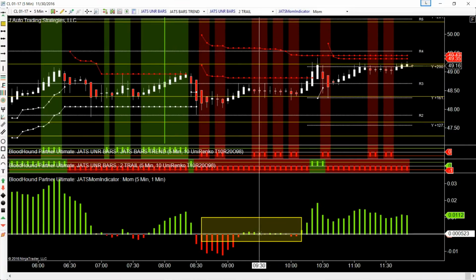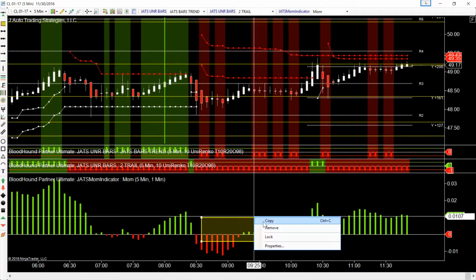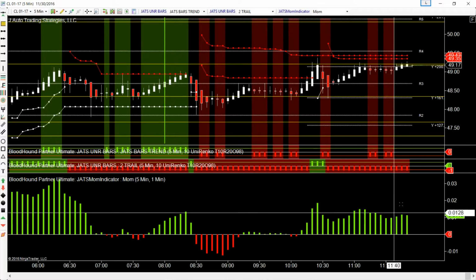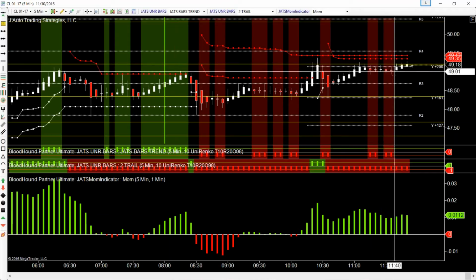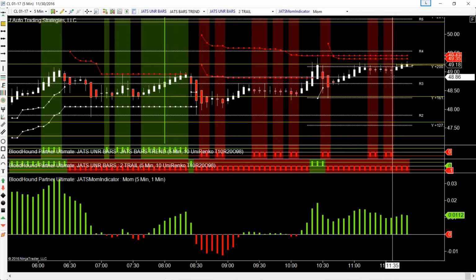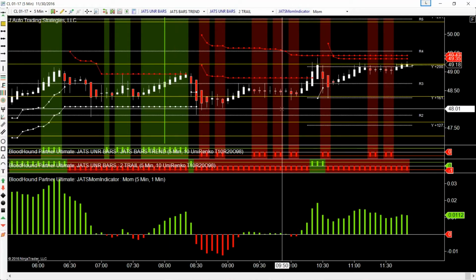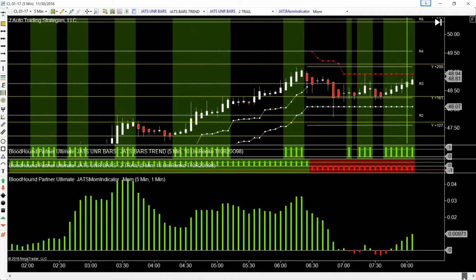So flat to non-existent momentum. Now the momentum is back, but we're still fighting that down volatility. You need to have everything, the wind behind your back, everything together to make a very pleasant trading experience for profitability. So this is what you want to look for in the markets.